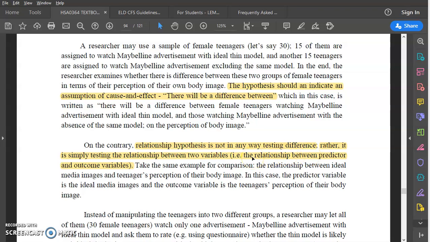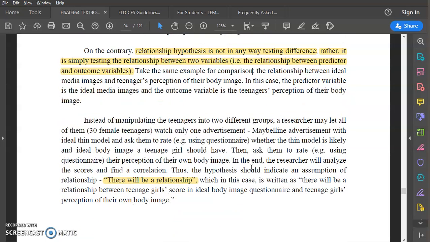Again, your book provides a different example. You can read them on your own, but I like to use my own example because it's easier for me to explain. Usually in a relationship hypothesis, you use the phrase "there will be a relationship."